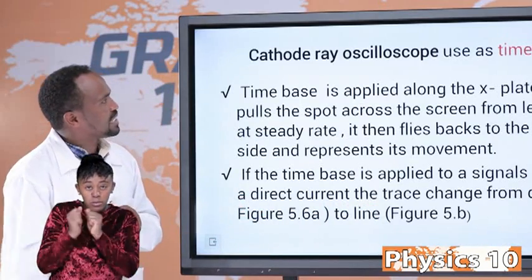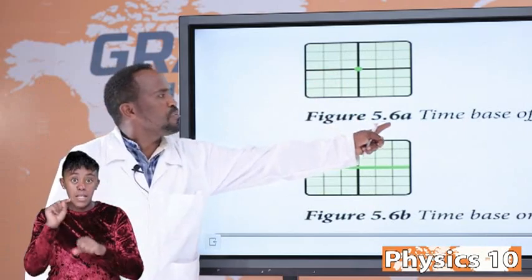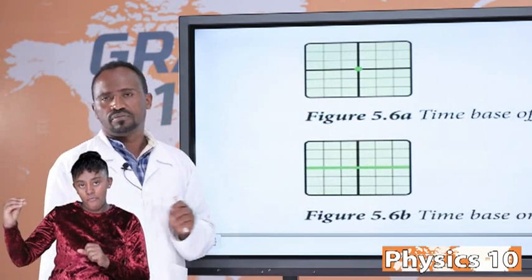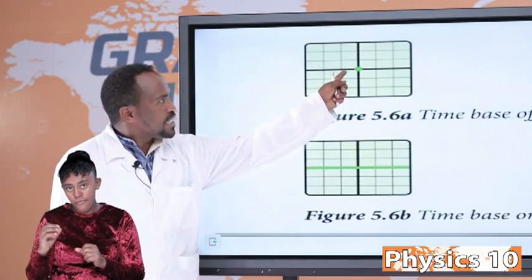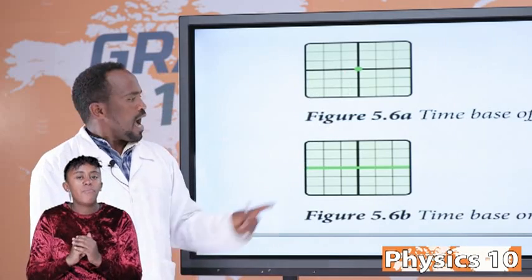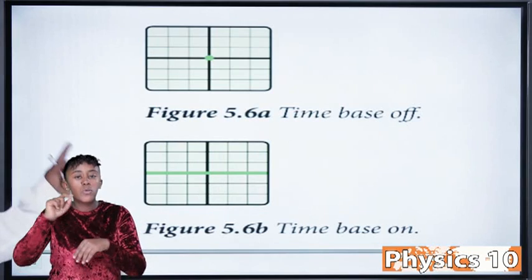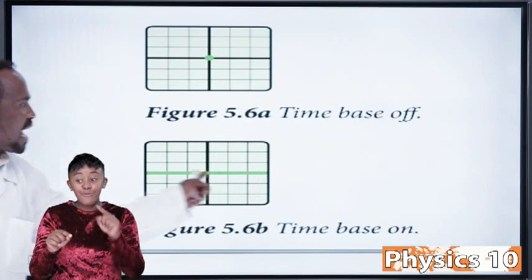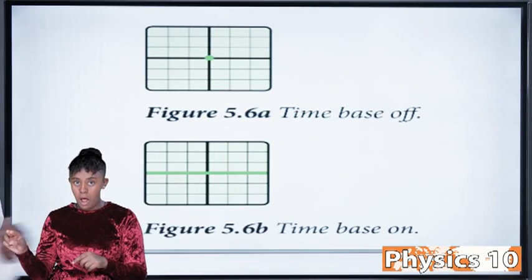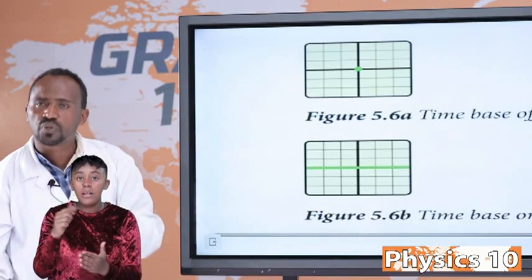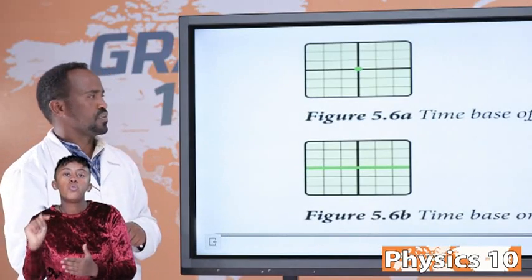Look at this one. Here the time base is off, there is a dot. After the time base is on, the dot is moved from left to right, forming a horizontal line. This is another use of the cathode ray tube.